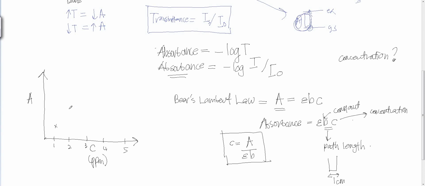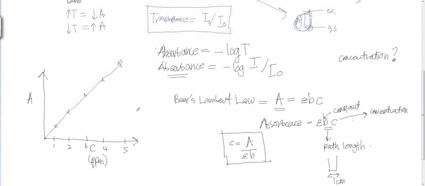So apa yang you boleh bayang adalah it has to be something like this. Why? Because you have to go back to the Beer-Lambert law. Okay. For example, when the concentration is increased, automatically the absorption value will be increased too. Okay.